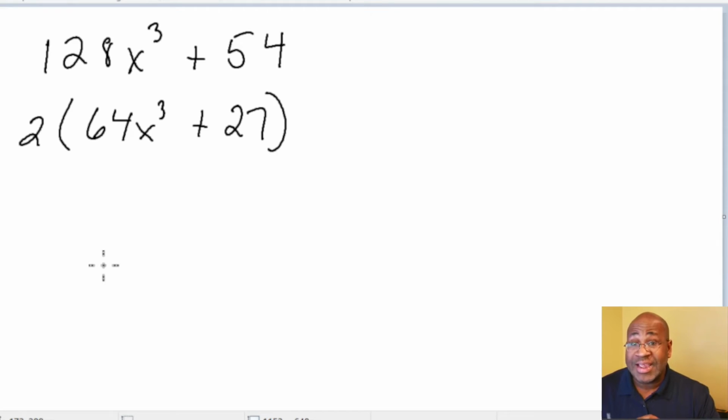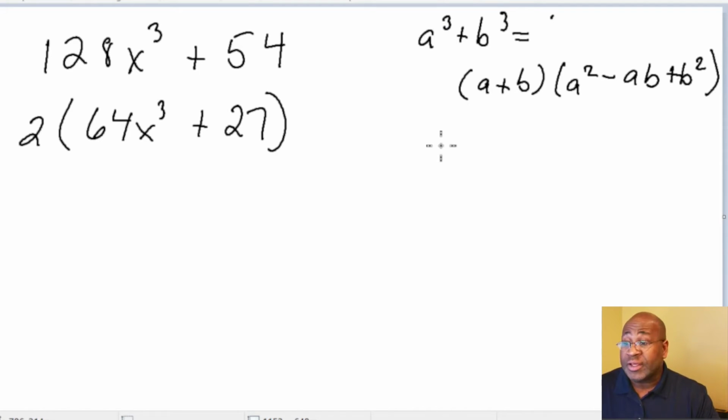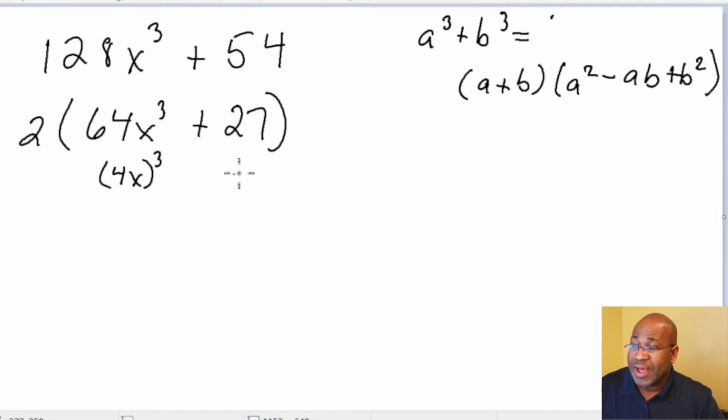So we're looking at the sum of 2 cubes. Recall the formula for the sum of 2 cubes: a cubed plus b cubed equals a plus b times a squared minus ab plus b squared. We know that 64x cubed, that is 4x raised to the third power, and 27 is 3 raised to the third power.